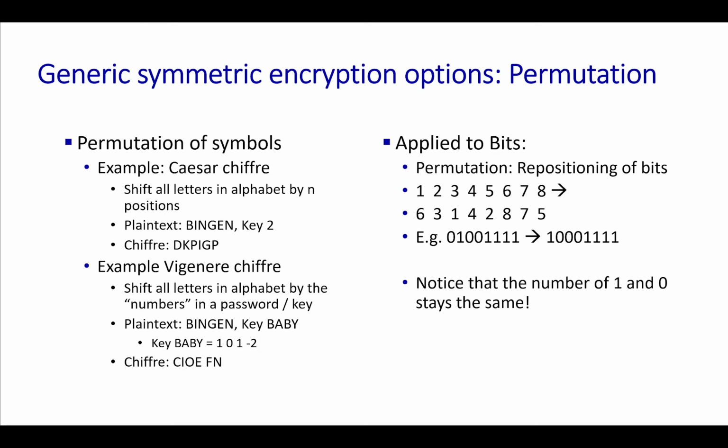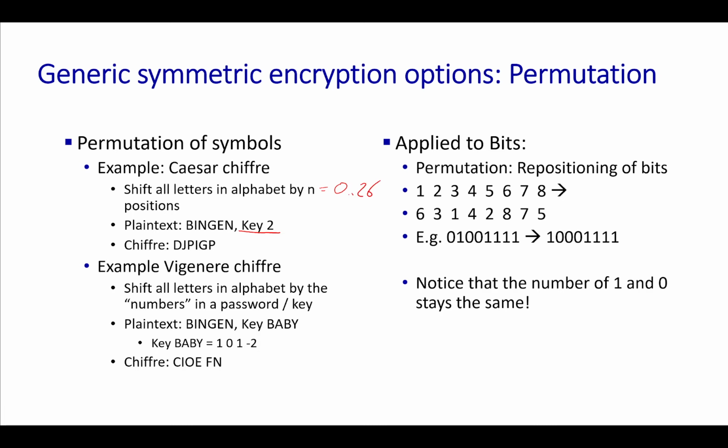So you just shift the letters in the alphabet by 2, if the key is 2. But the key can be between 0 and 26, so we have 0 to 26 potential keys that can be used.